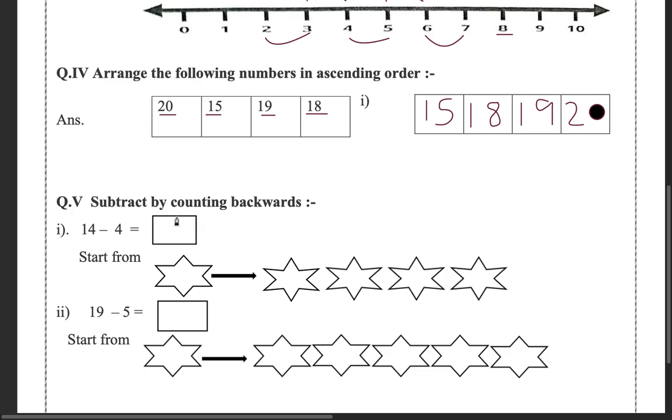Next is subtract by counting backward. 14 minus 4. So here we will write number 14. Now you have to count backward.